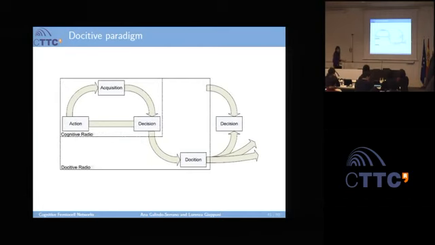So the idea here is that we will have this box. In this box we will have the common learning procedure. We take intelligent decisions based on the state of the environment we are perceiving, and we take actions, and so on and so forth.